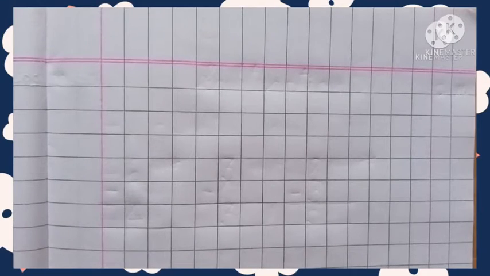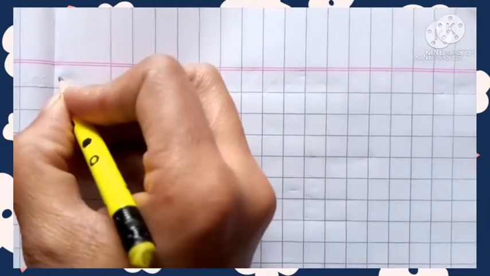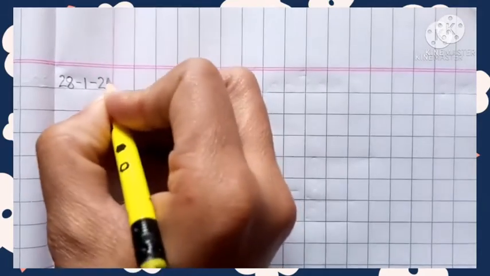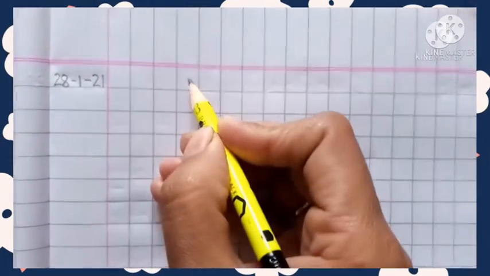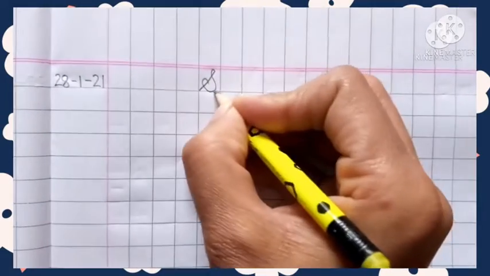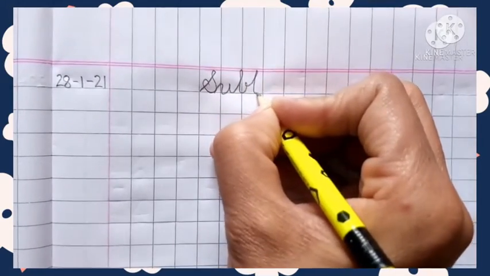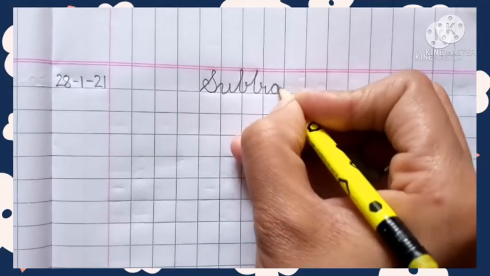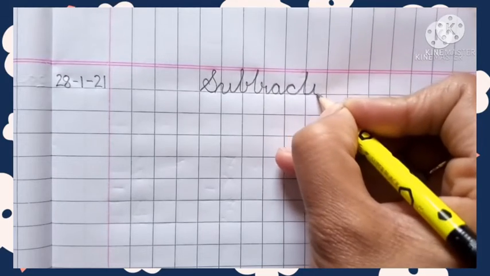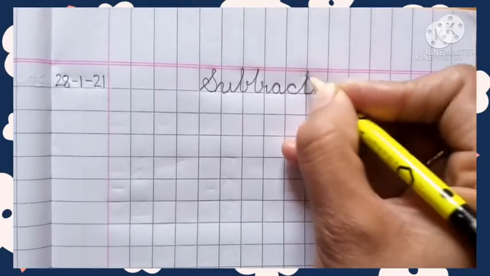Children, now we will do subtraction in our maths copy. First, we will write the date. After the date, we will skip 4 boxes and write the heading, SUBTRACTION.